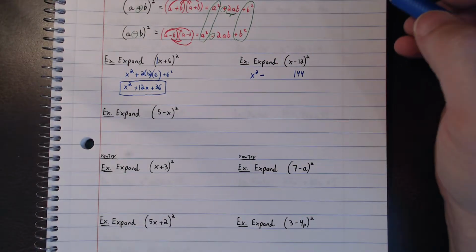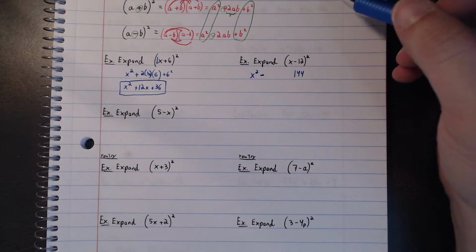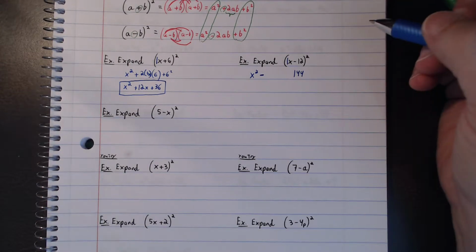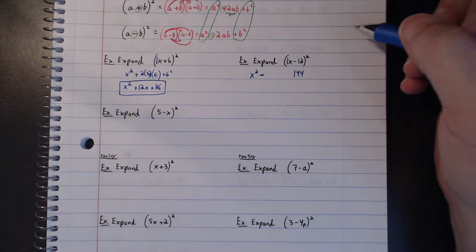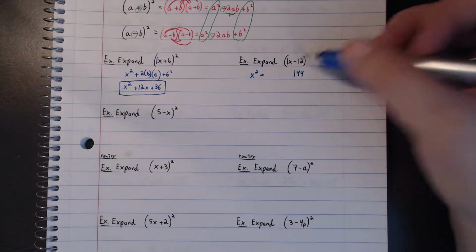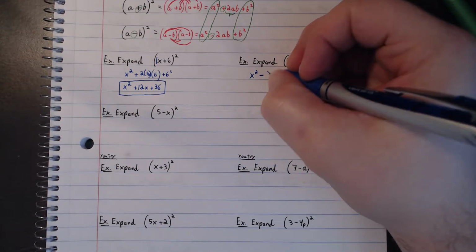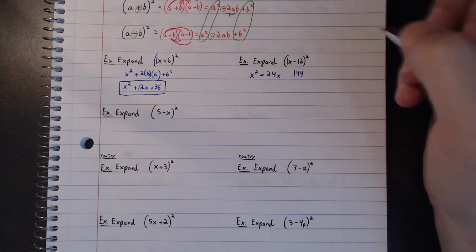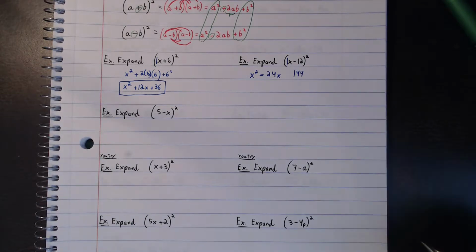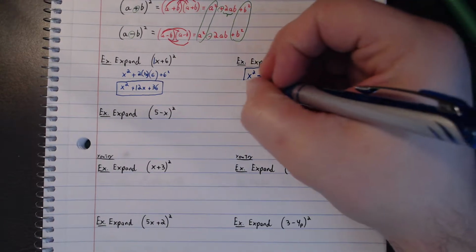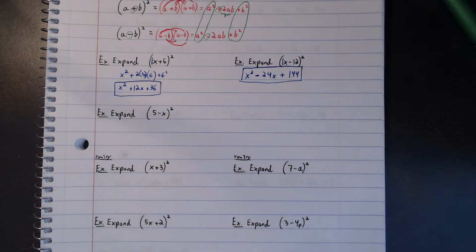So what I'm going to do now is I'm going to do 2 times 1, which is still going to be 2, times 12. So that's 24, and we have an x, so that's minus 24x. That's our expanded trinomial.